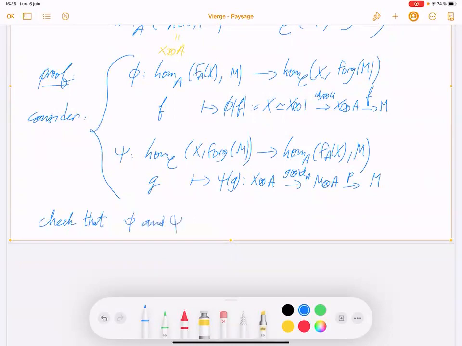These two maps, maybe better notation, are inverse of each other. Okay.